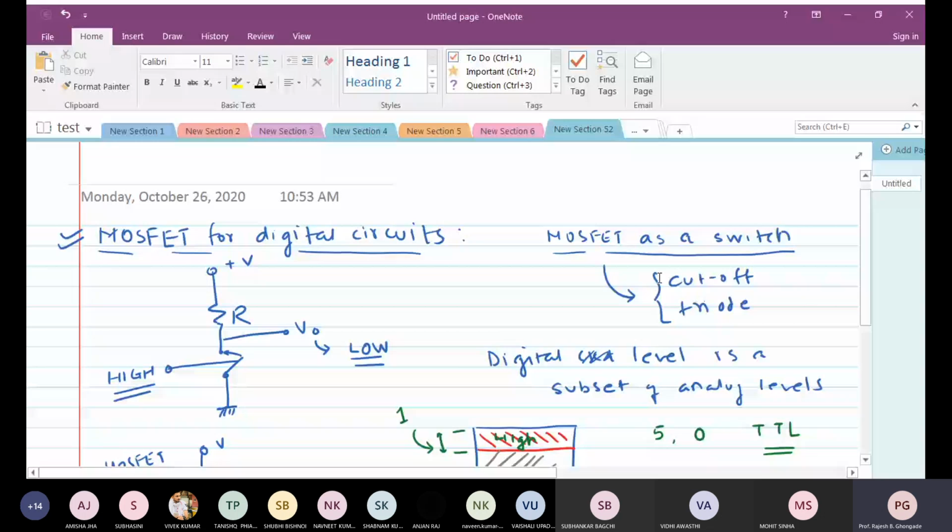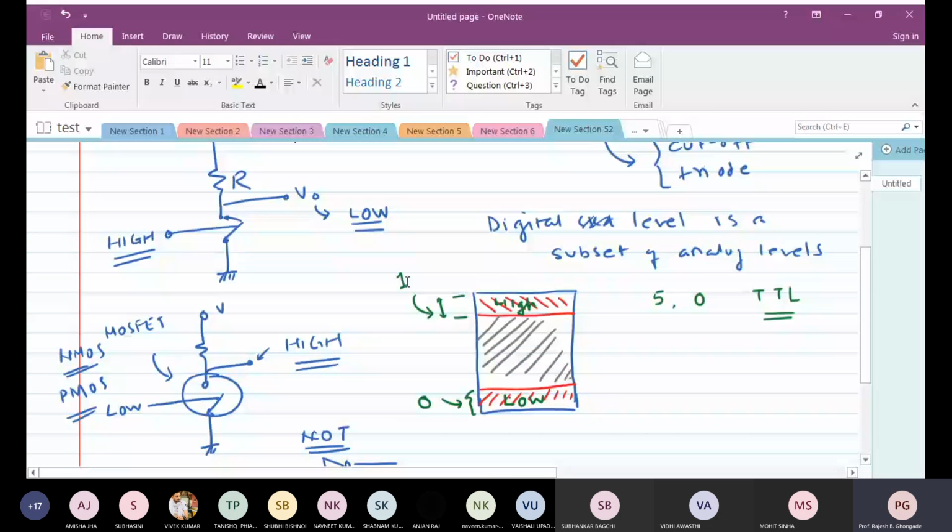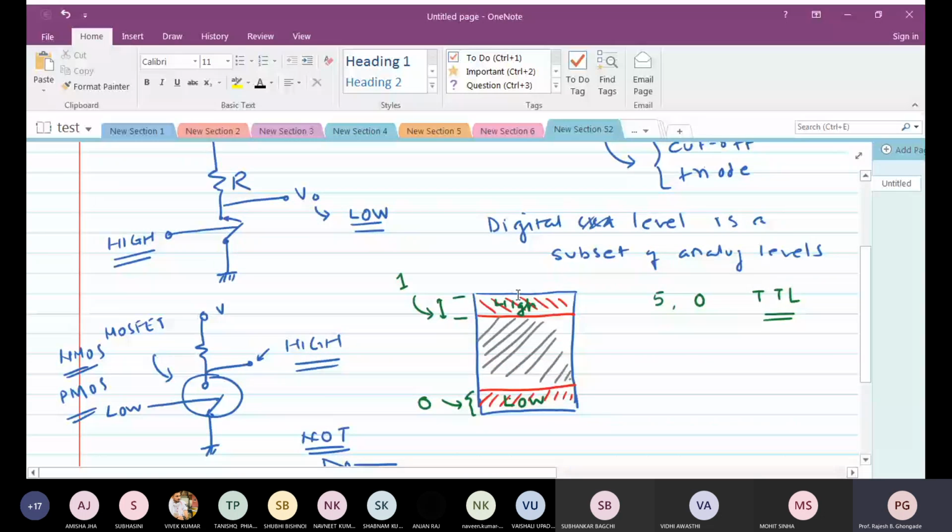Digital electronics is a subset of analog electronics, where I've already drawn the figure over here. This particular margin that we allow is called 1 or high, and this margin is called 0 or low. This is for our convenience.